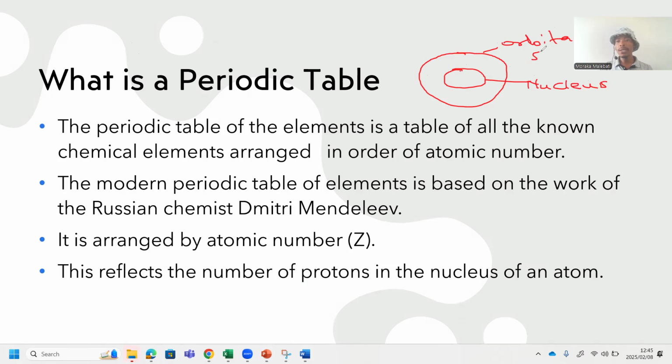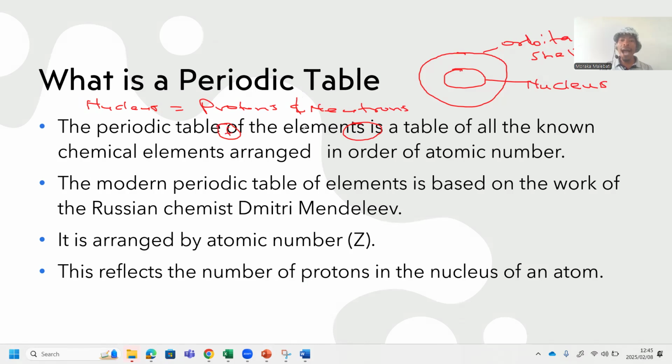So what's in the nucleus? What's in the nucleus is protons and neutrons. Neutrons, they don't have a charge. Protons, they have a charge.